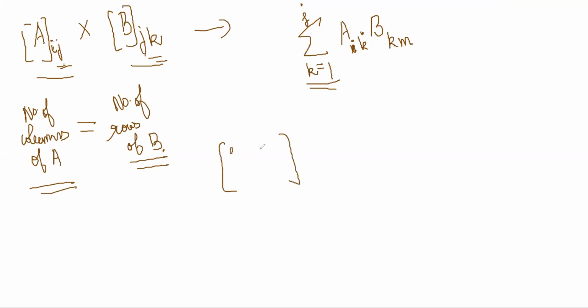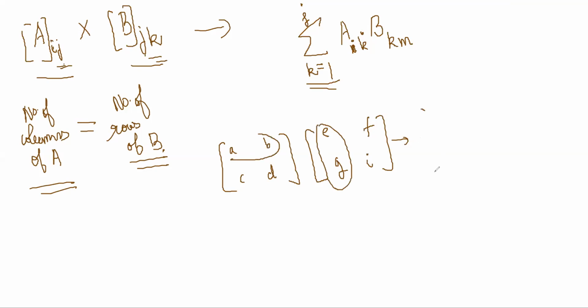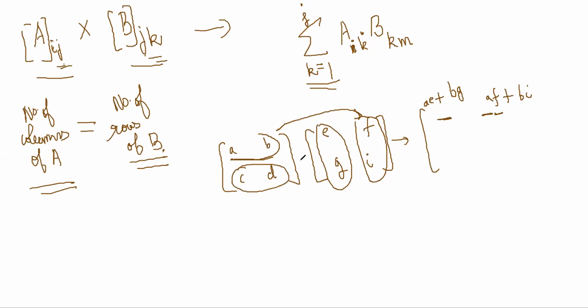So if it is like this, A, B, C, D, and this is E, F, G, I, suppose, right? So you are going to do the dot product of this with this to get the first element here, and the dot product of this with this column to get the second element here. So AE plus BG, and then this one will be AF plus BI, and then you'll do the dot product of this with this.